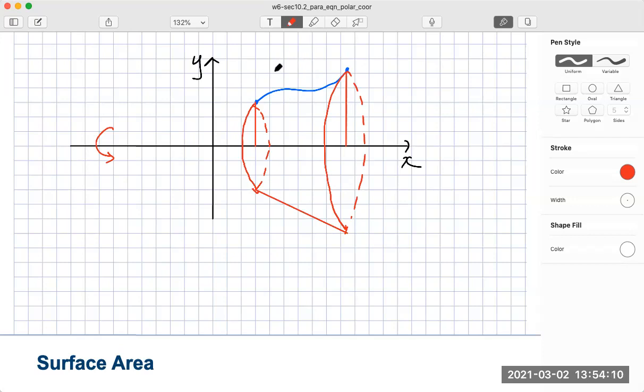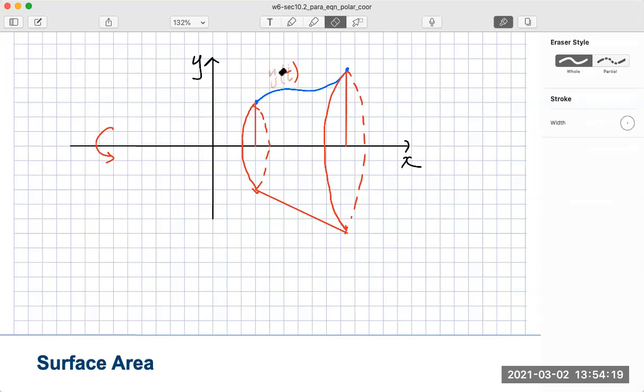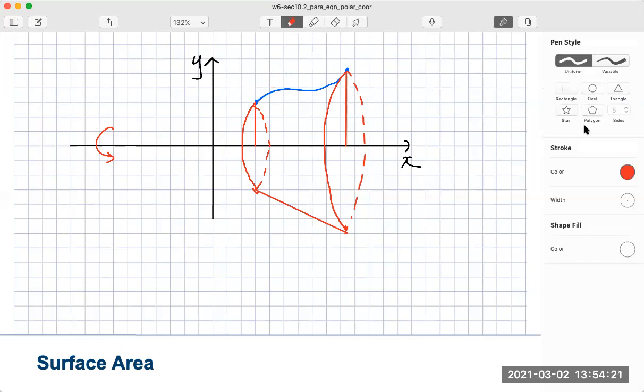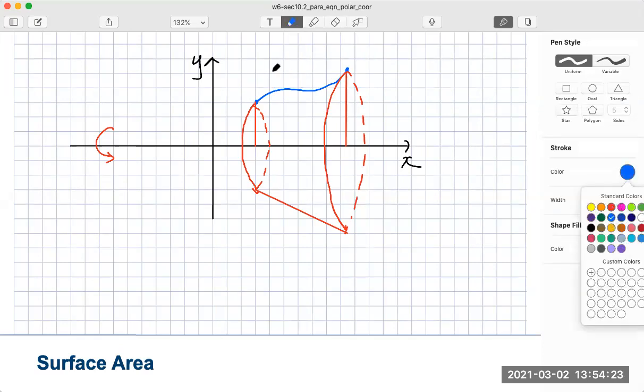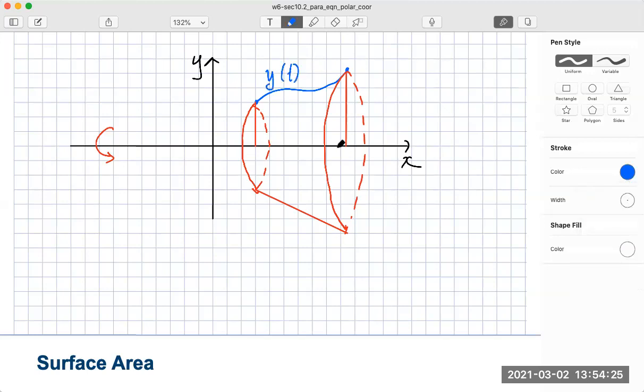Here is the y of t curve, right? This is the curve y of t, this blue line. So the surface area of this object will be the sums of each circle at each point, right? See it?